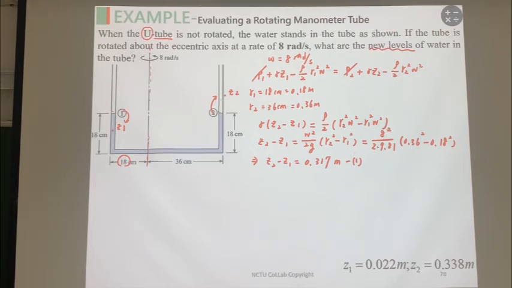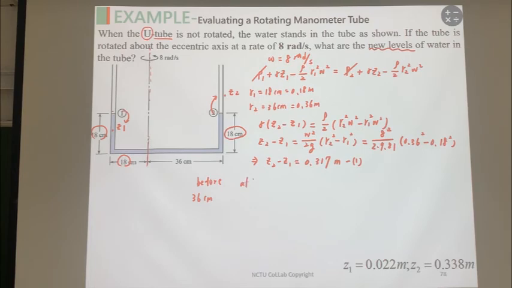Even though the level changes, we understand the liquid volume inside the tube didn't change. Before the rotation, we know the height here and the height here. So totally, the height of the liquid is 36 centimeters, right?